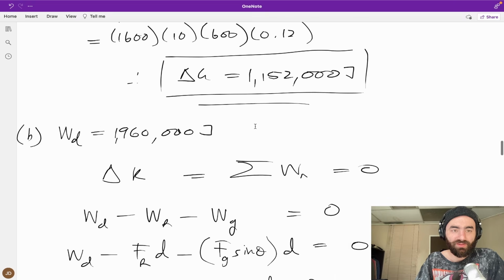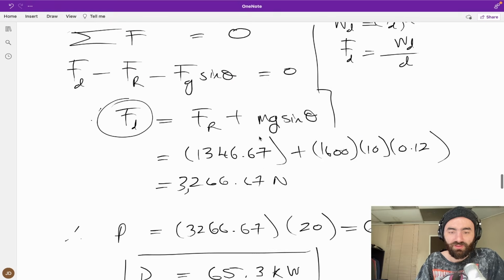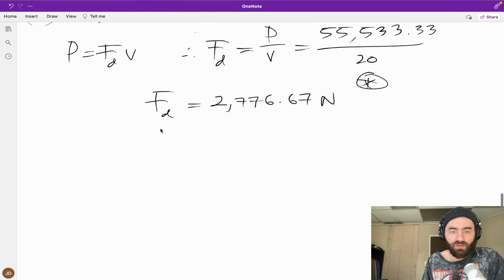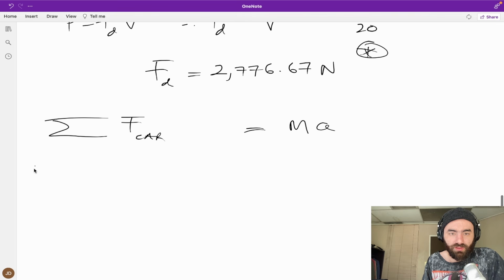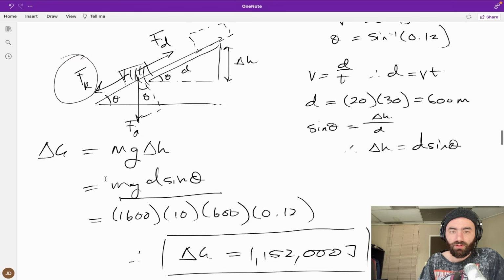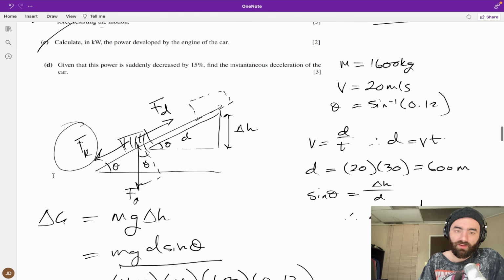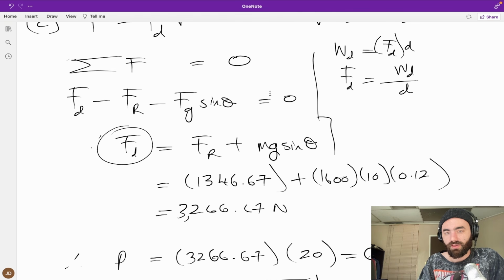What does it even want? Gone so lost it. Okay, what's the deacceleration? We know that the sum of all of the forces for this car or this system is going to equal the mass of this car times the acceleration, in this case deacceleration. We look at the system: we have Fd minus Fr, as we've done in the previous question, but it's not 0 anymore.